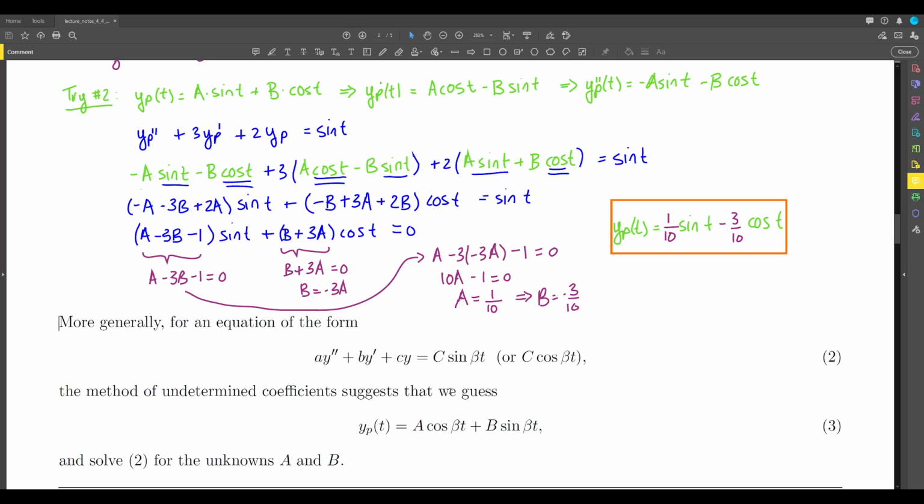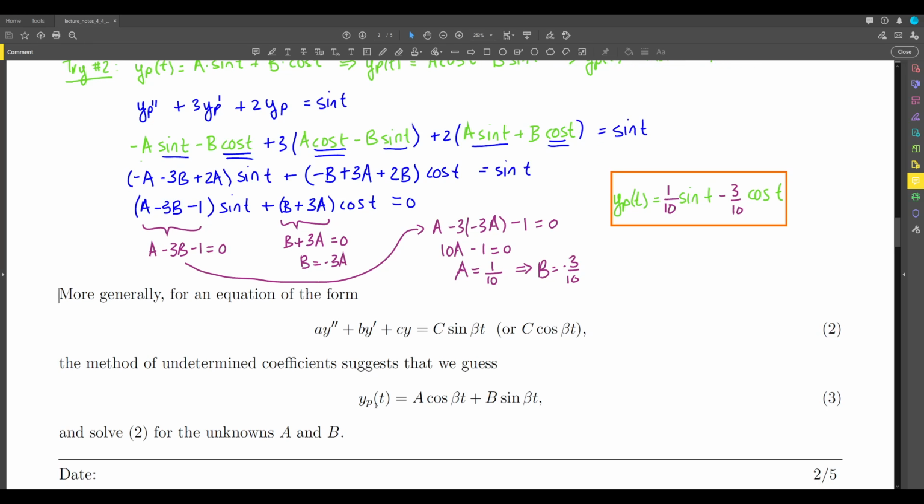So even though the right-hand side only contains one of the two, a sine or a cosine, we still have to include both of them in our educated guess for the particular solution. And then we solve for the unknowns a and b.